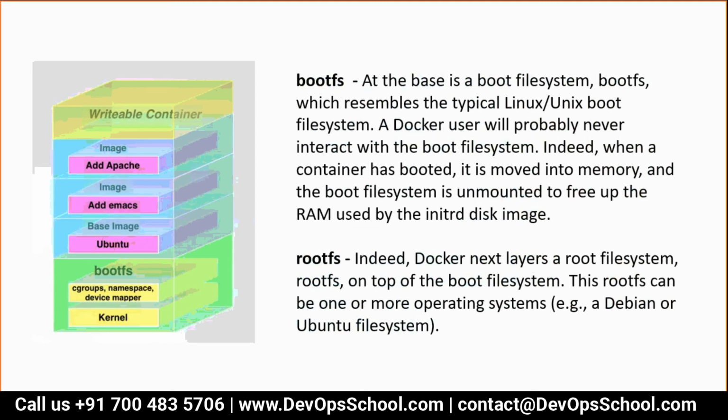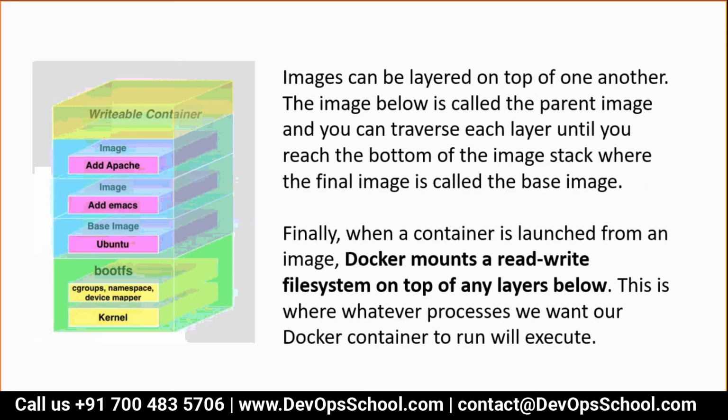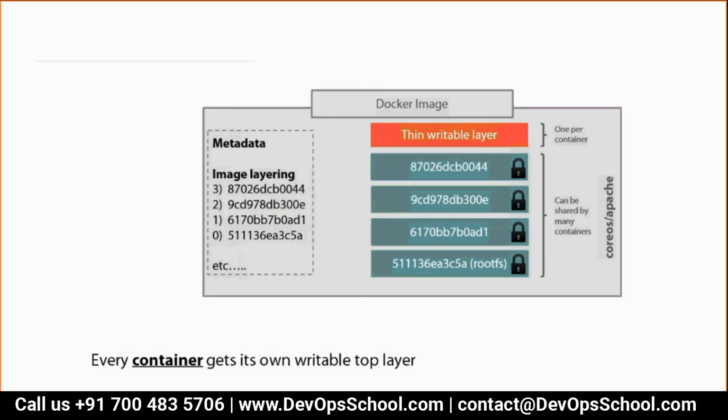So guys, you have to study a little bit more about the boot file system. I have already spent a good amount of time making you understand the boot file system, root file system, union mount, and many other things. You will read it, and this is the final anatomy of the Docker image.